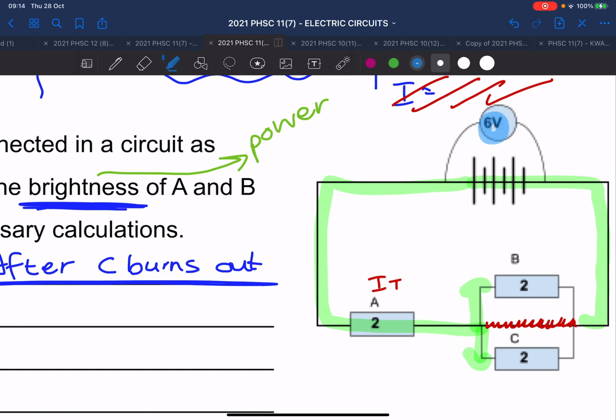And if I look at the volts, at the energy, the 6 joules, it needs to split up into 2. It needs to go to the series resistor and the parallel resistors. And we know the volts in parallel are equal to one another. You must understand what you highlight, okay?